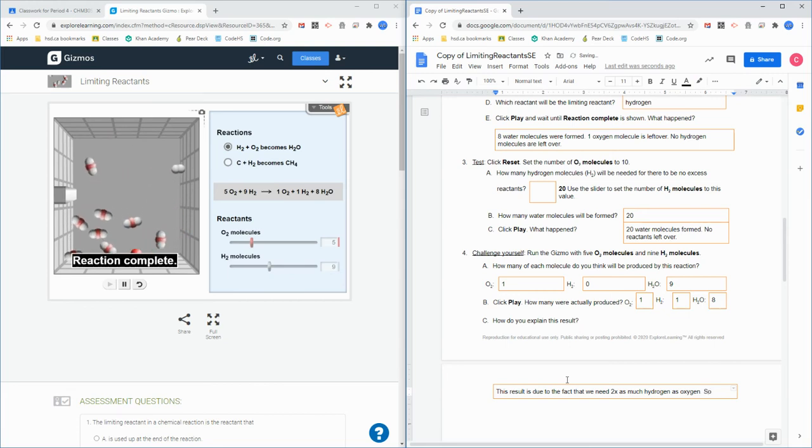So 10 atoms of oxygen could produce 10 water molecules, but we would need 20 atoms of hydrogen.